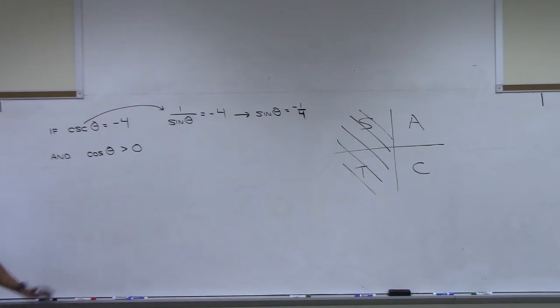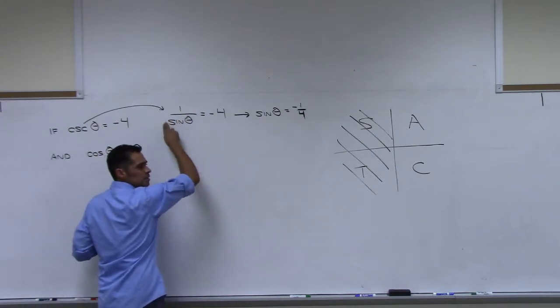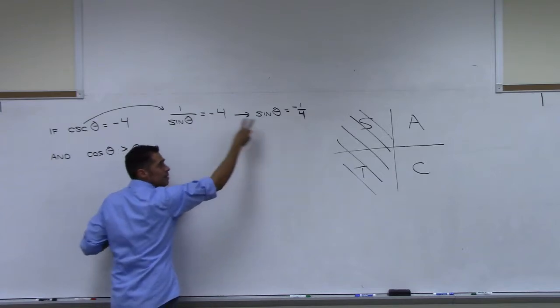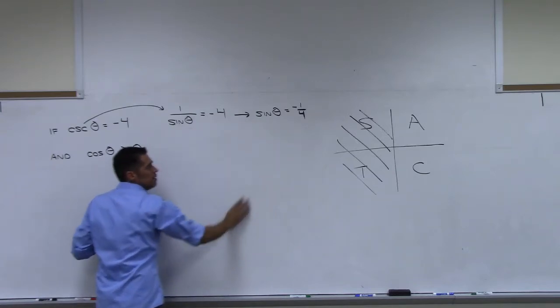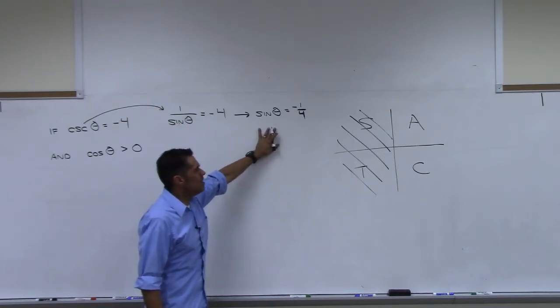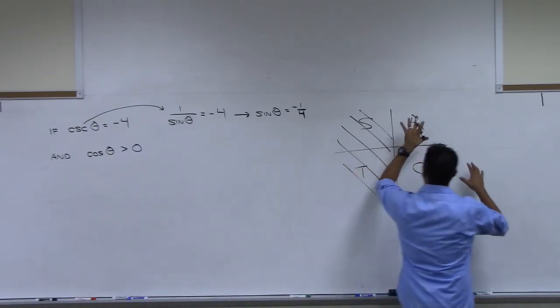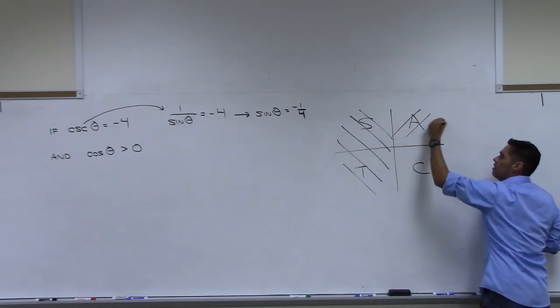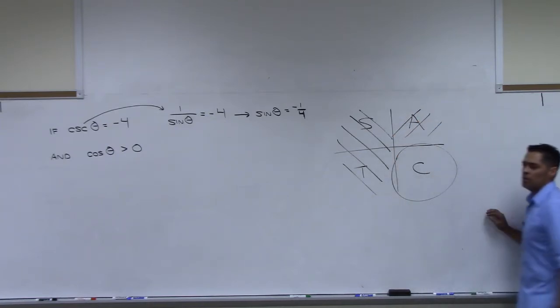Solve for sine theta: multiply both sides by sine theta, then divide both sides by -4. Algebraically went from here to here. So your sine is negative, which means you can't be here. So we have to be in the fourth quadrant.